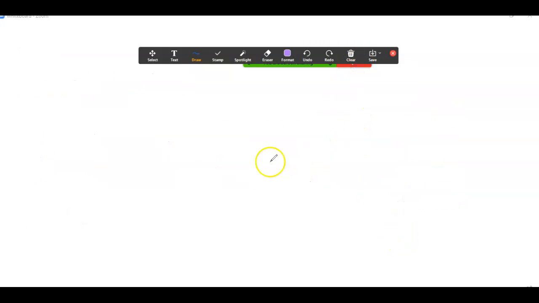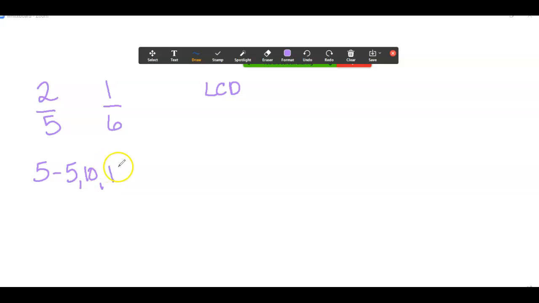All right. Let's do another one. This time I have 2/5 and 1/6. Okay? Remember, first thing is to find my LCD, so I'm going to write my multiples. So here's for 5. 5, 10, 15, 20, 25.